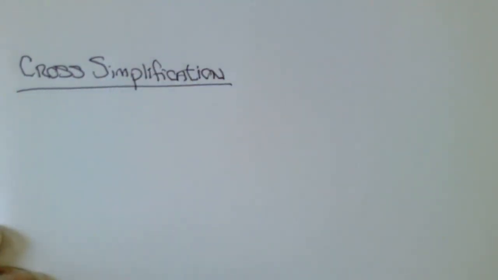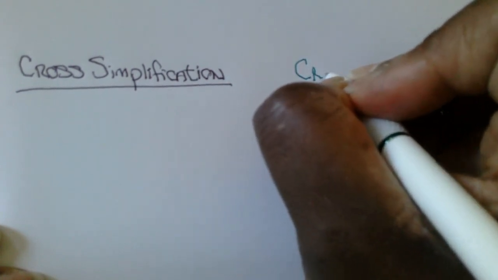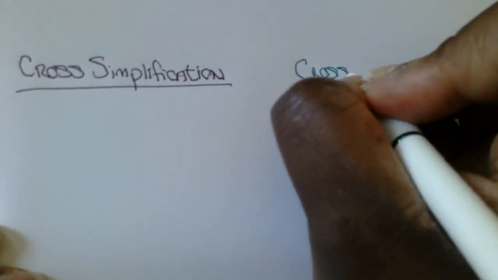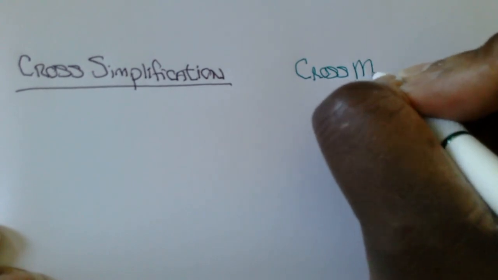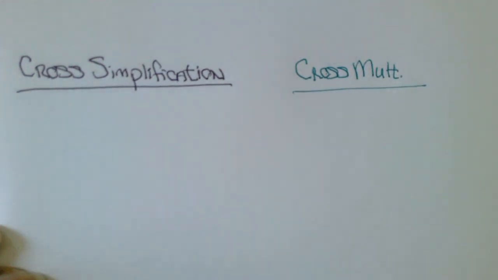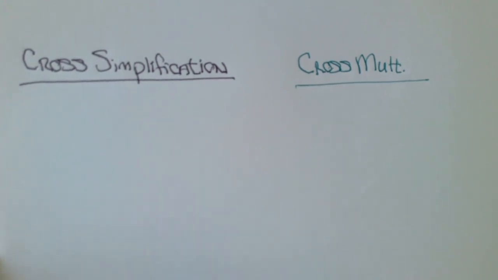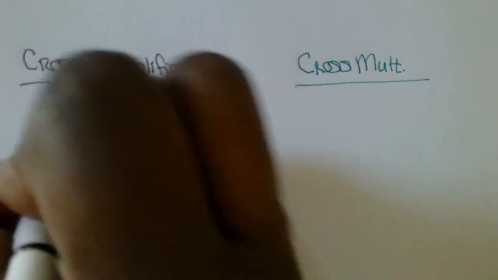So we're going to have cross-simplifying, or cross-simplification, and we're going to compare that with cross-multiplication. A lot of people generally get this mixed up. I'm going to keep cross-mul for short. So cross-simplification comes when you are multiplying fractions.